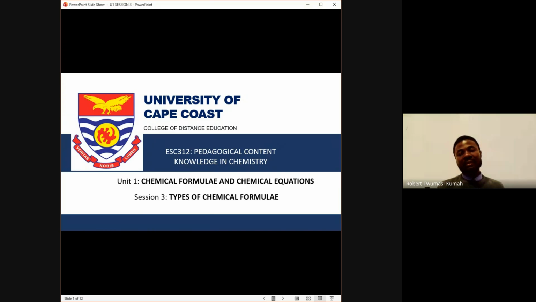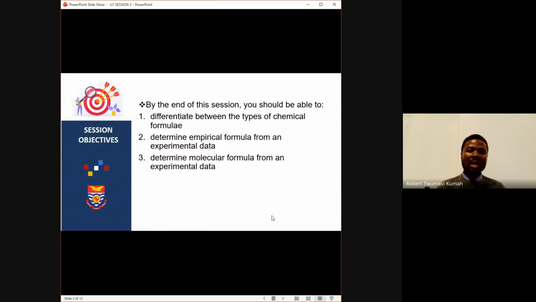And when we are done with that, we'll look at the types of equations so that we can easily write reactions. So our objectives are to be able to differentiate between the types of chemical formulae, determine empirical formula from experimental data, and then determine molecular formula from experimental data.